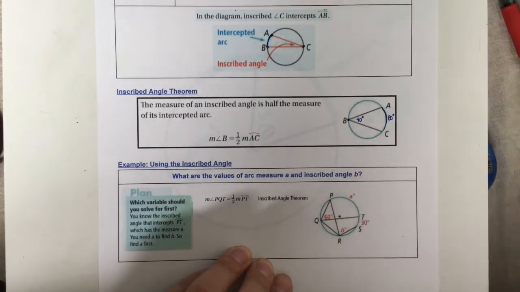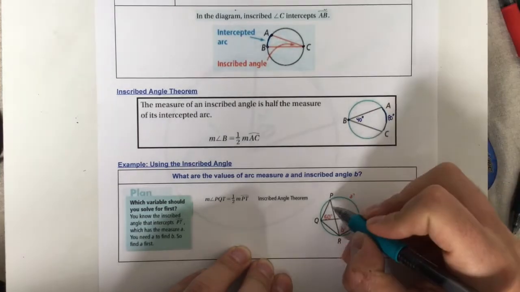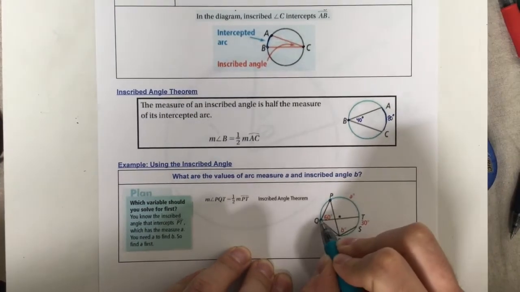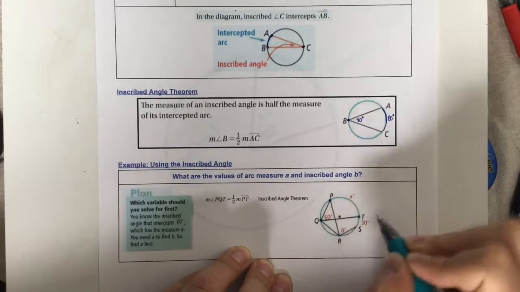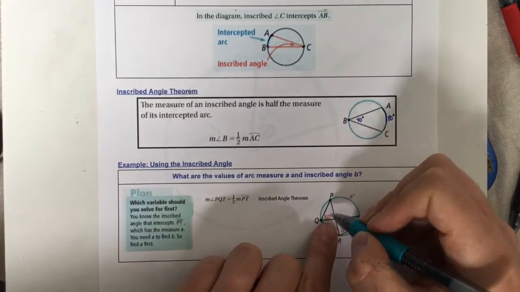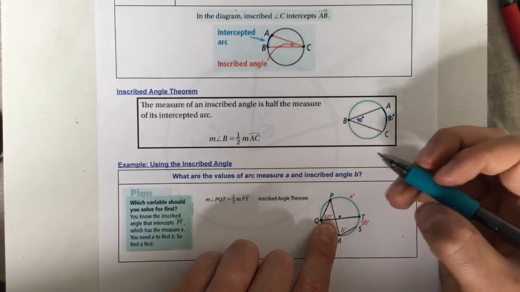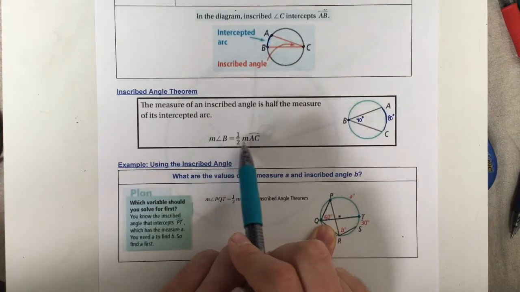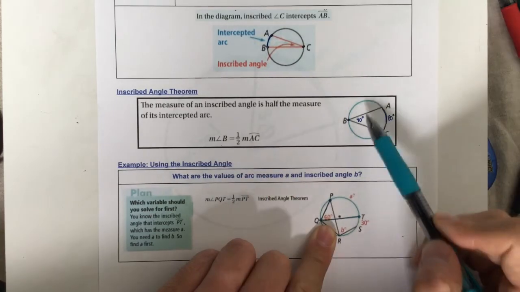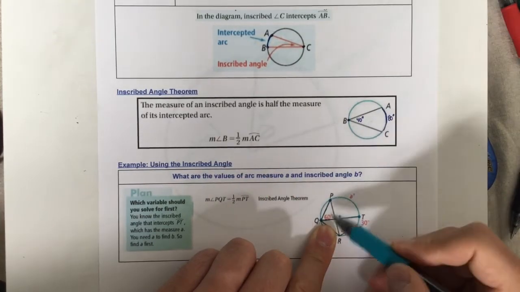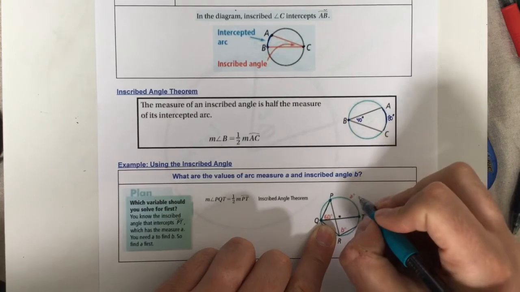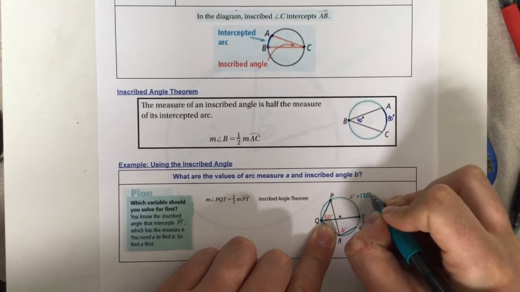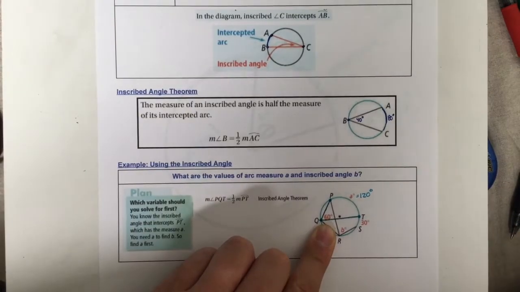I can see here that from P to Q to T, this inscribed angle is 60 degrees. Based off our theorem, the inscribed angle is 1/2 the arc measure, and I know this is 60 degrees, so I can double this number and say that A equals 120 degrees.